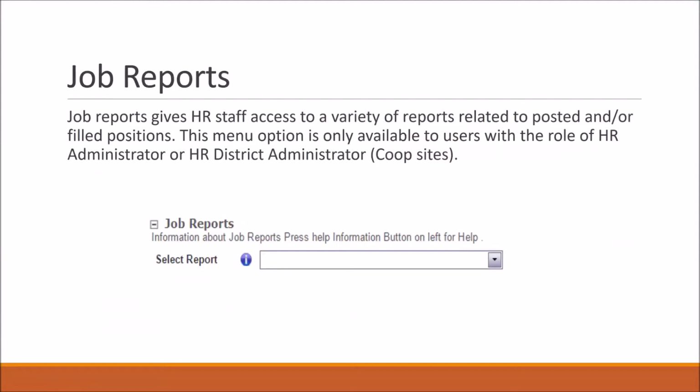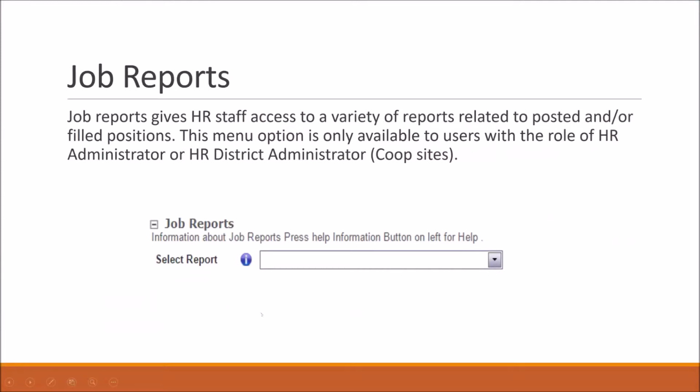We don't give hiring managers access typically to that menu. If for some reason you wanted to, you could work with the support team to modify permissions, but typically that screen is reserved for HR only. Okay.